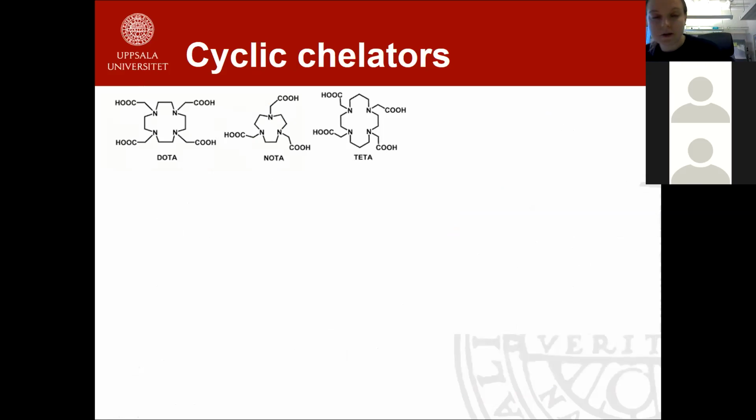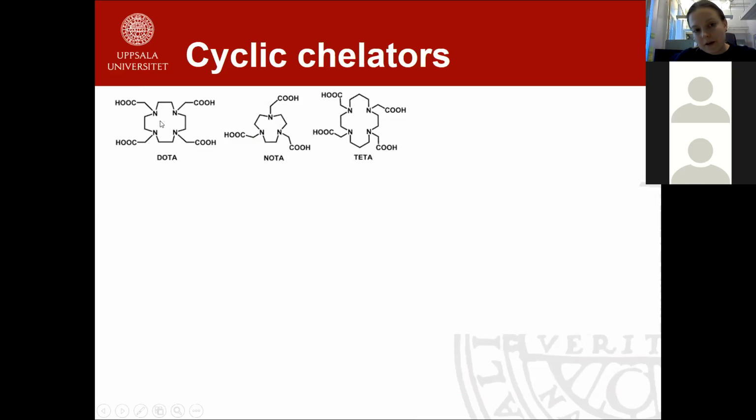And now we can just look at a second category of chelators. They are called cyclic chelators. They are called in this way because they form a macrocycle. So the nitrogens in the structures, they are all connected through the ethylene bridges in a big cycle.